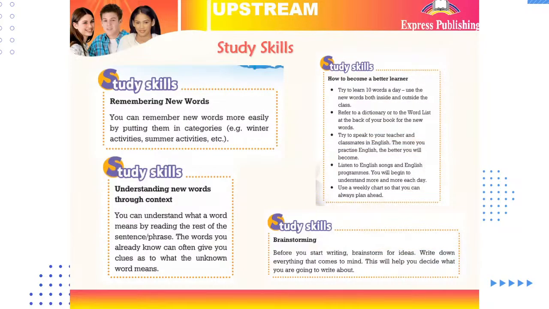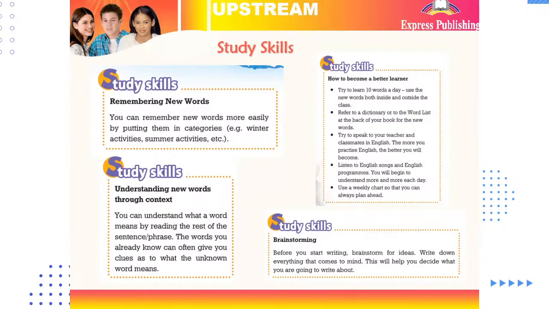As we progress through each module, whenever we have a skills task, quite often you will see a study skills section that allows the students to read some tips or some strategies that they can use during their studies. Things like remembering new words, connecting new vocabulary words and associating them, helping them to learn them more quickly.